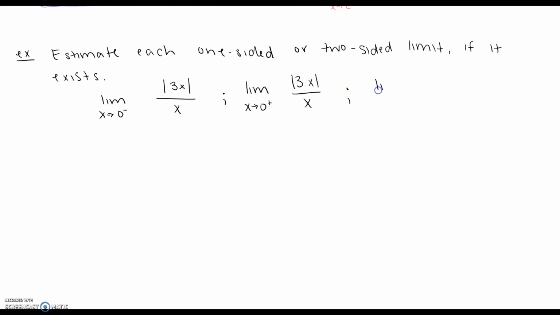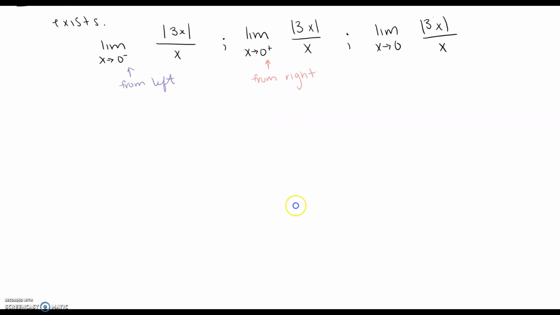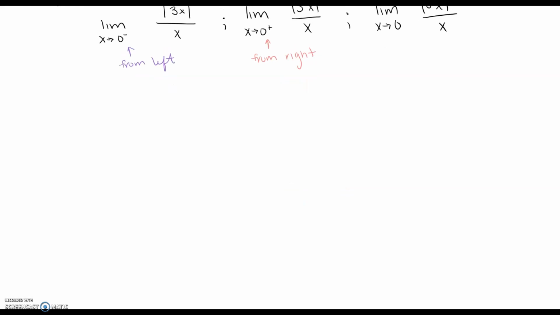And then we want to know, well, does the limit as just x approaches 0 exist? And in order for this one to be true, from the left and from the right have to be approaching the same thing. So this is from the right. This is from the left. Okay, so for the left and right, you're going to make a table. But our table doesn't have to be as big because we're just going from the left.